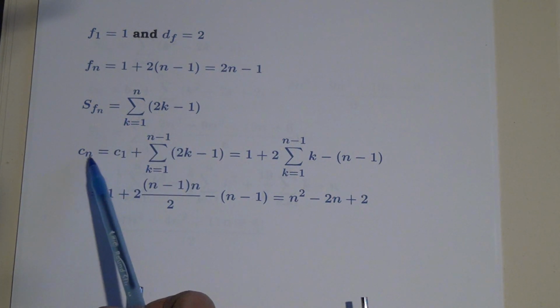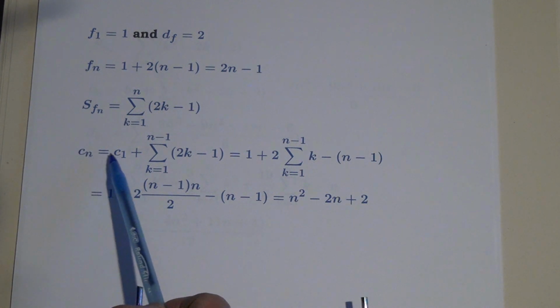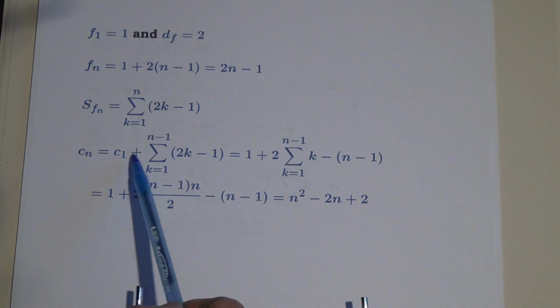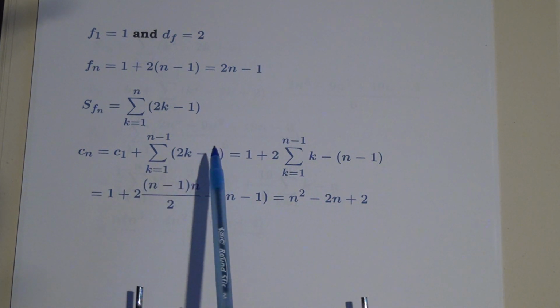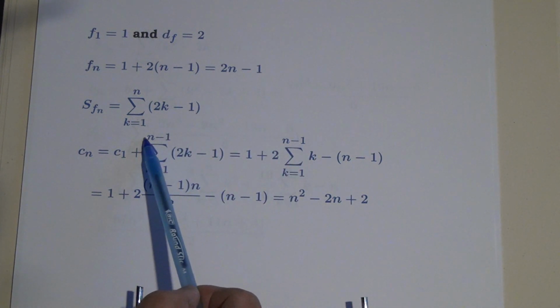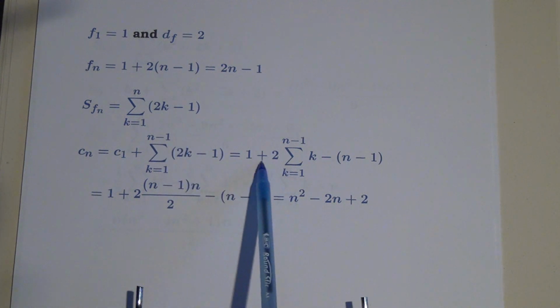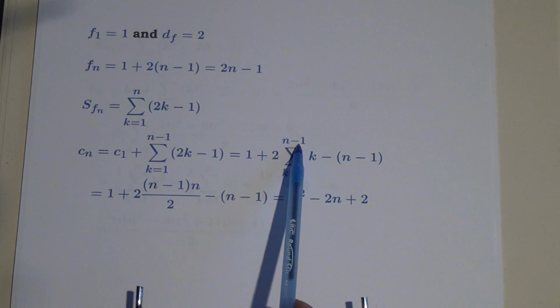Okay, now, a third subsequence, the general term of the third subsequence is the first value plus the sum of increments here. Okay, but only one less term. Okay, sum over one less term. So 1 plus 2 times sigma k with one less term.